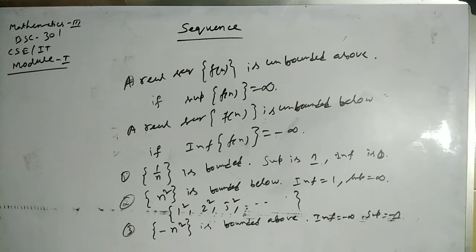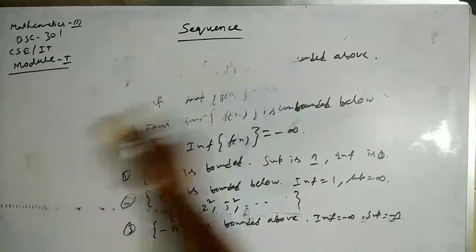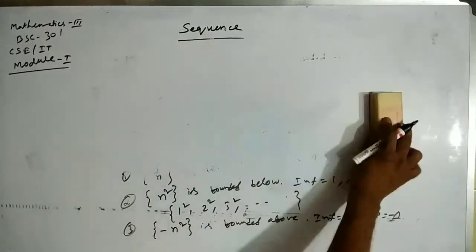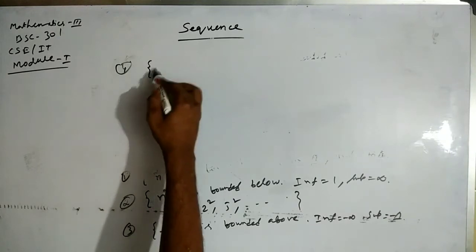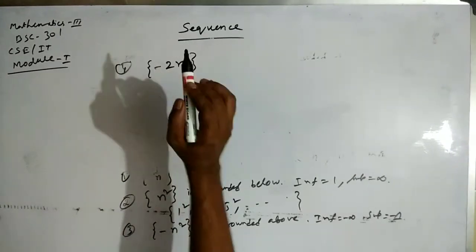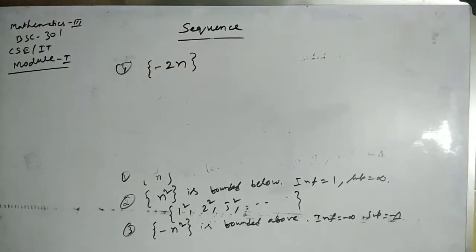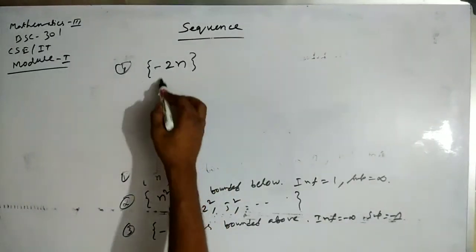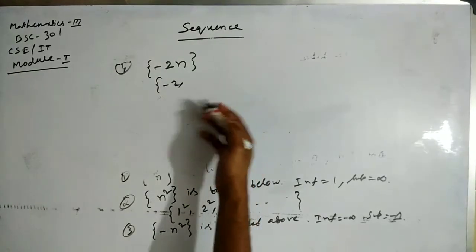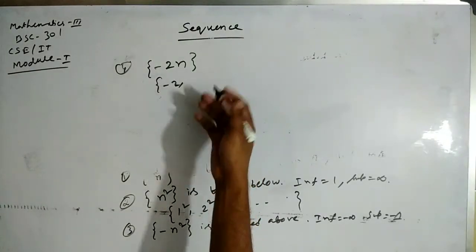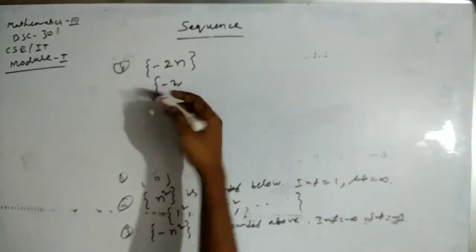Okay, so next is example number 4, minus 2n. First if you write some of the elements, then you can understand whether this sequence is bounded above or bounded below or bounded.